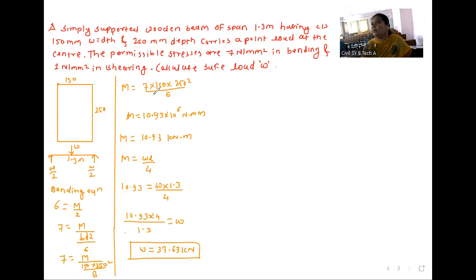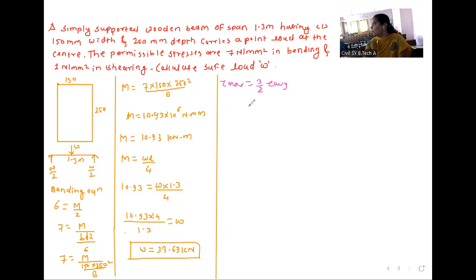Now we will calculate by the shear stress equation. The shear stress equation: tau max is equal to 3 by 2 tau average.